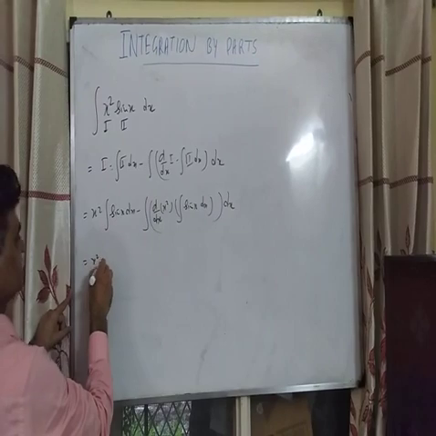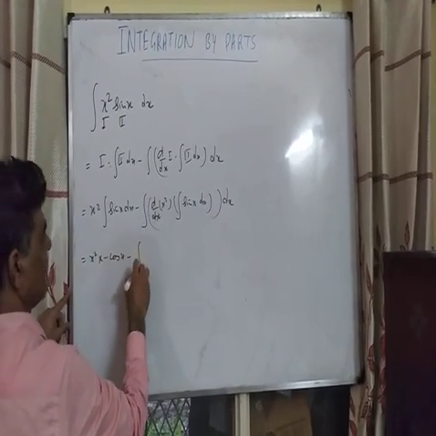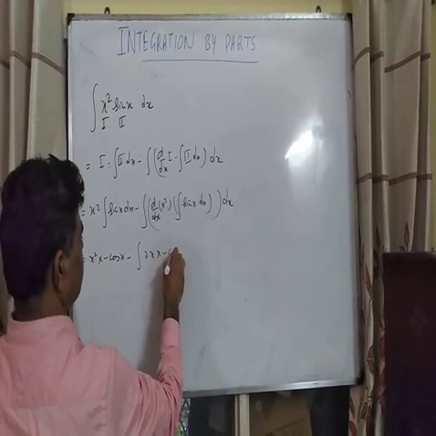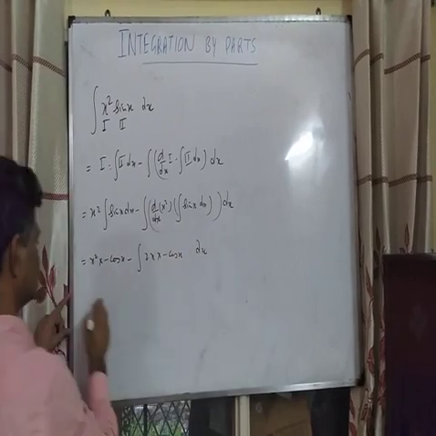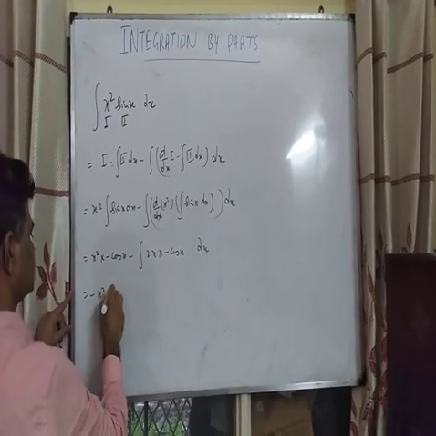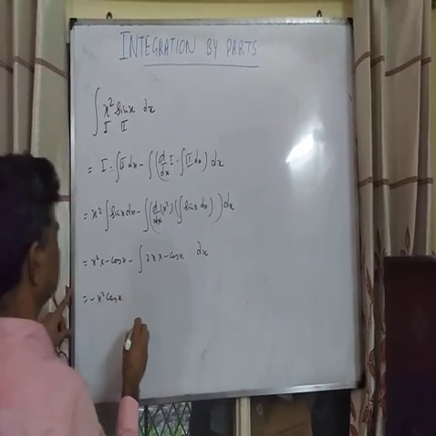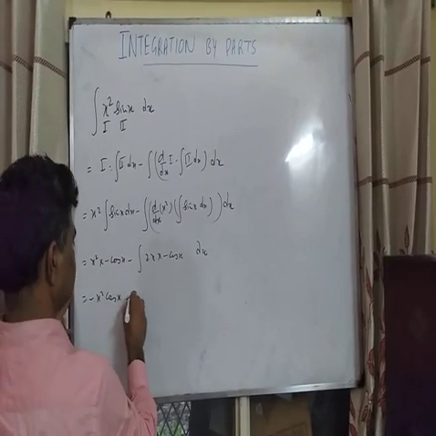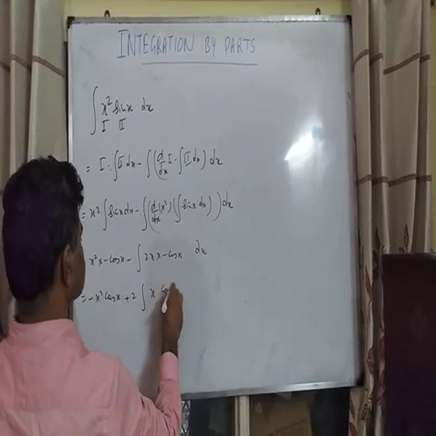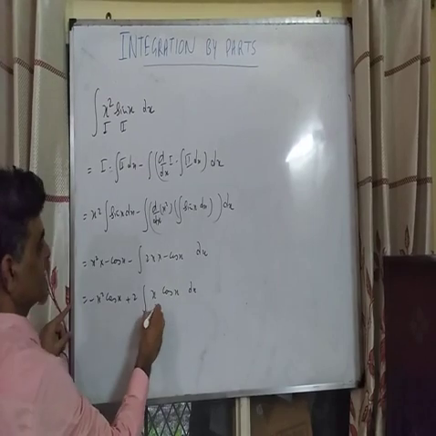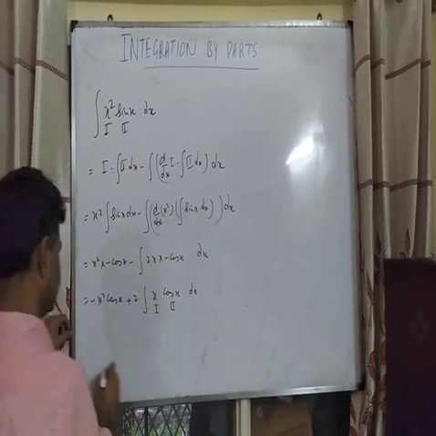So x square, this is minus of cos x, minus this is 2x, minus of cos x dx. So minus of x square cos x minus twice x cos x. Now once again it is first function and it is second function.